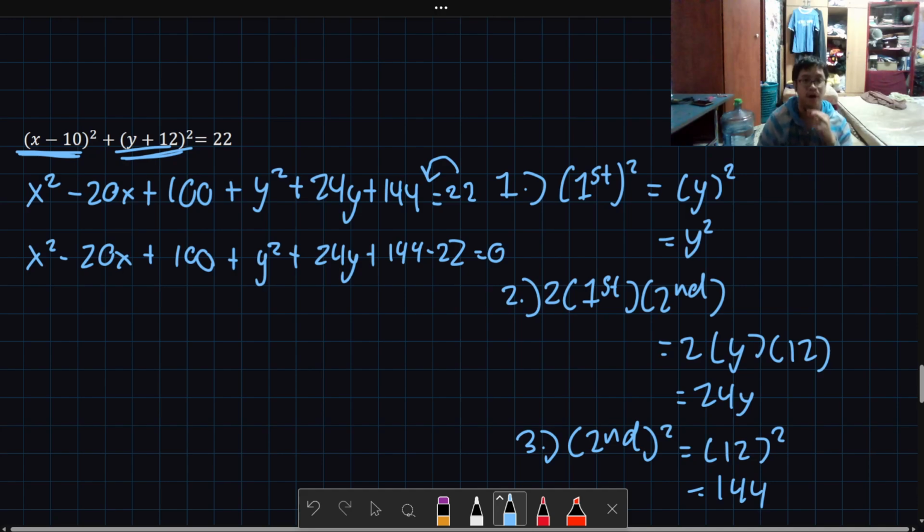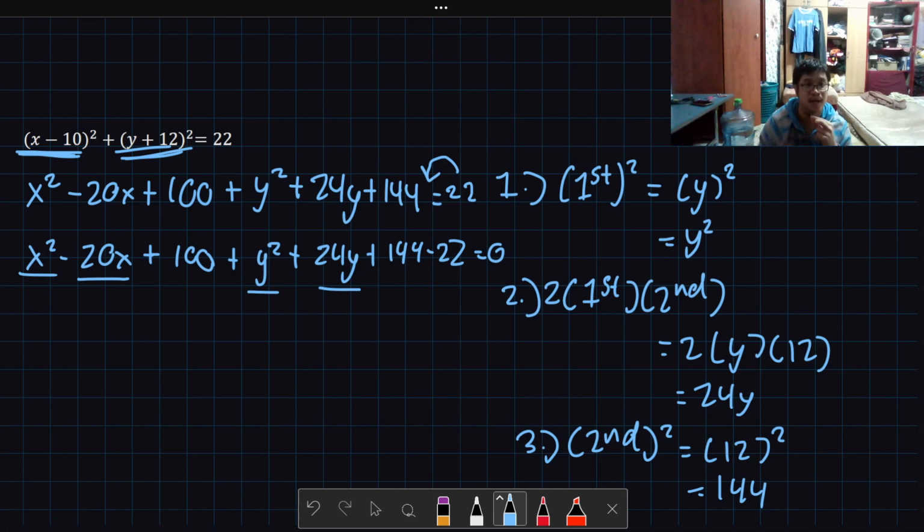Then what's next? Combine similar terms. As usual, x squared, negative 20x, y squared, and 24y are lonely because there are no other terms that exist as x squared, x, y squared, and y aside from these four.